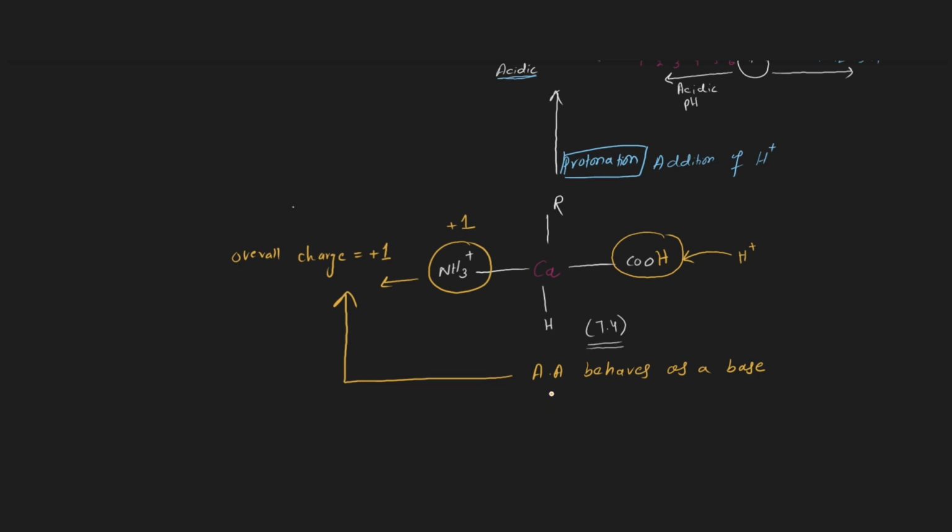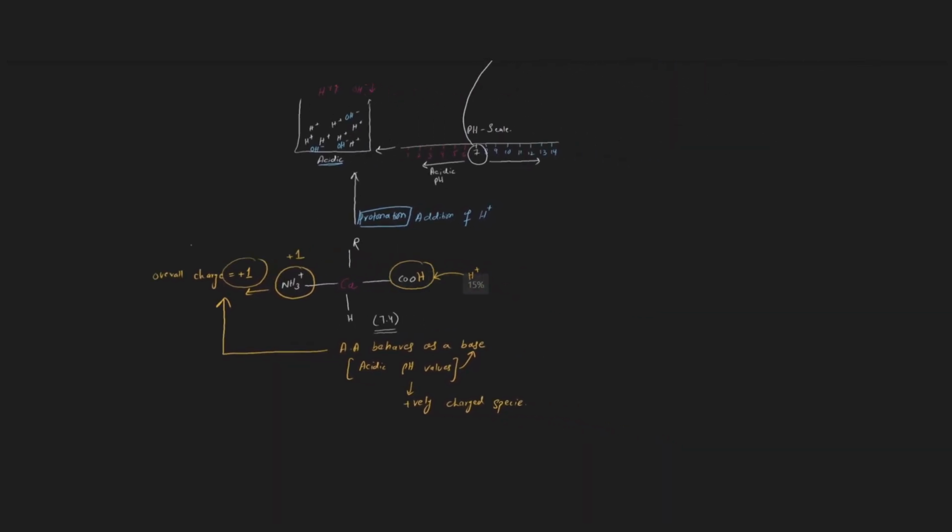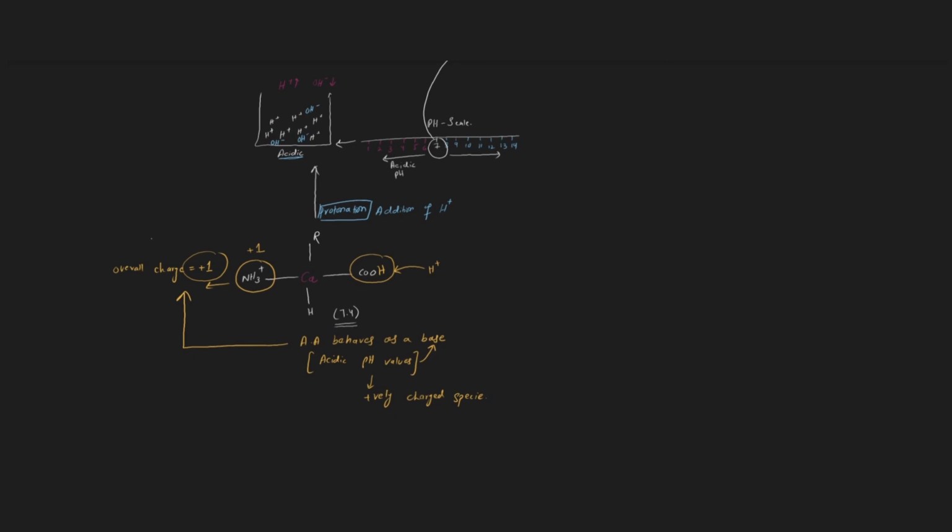So at acidic pH values, the amino acids behave as bases, and they have one extra positive charge on them, so they exist as positively charged species or amino acids. Okay, now let's discuss the other scenario.